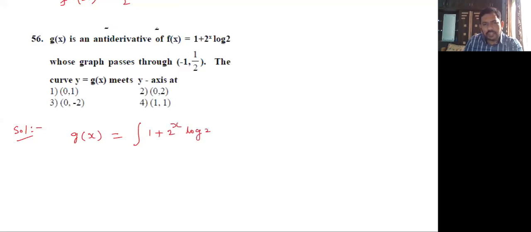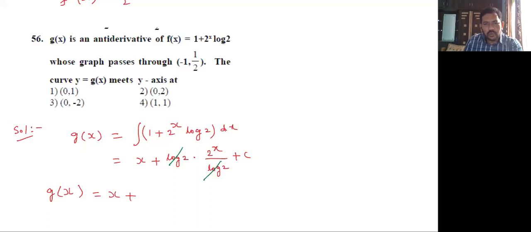This is the meaning of that. Now apply the integration. Integration 1 dx gives x, plus, here log 2 is a constant, take it outside, integration 2 power x by log 2 plus some constant. Here log 2 cancels, remaining g of x equal to x plus 2 power x plus c.